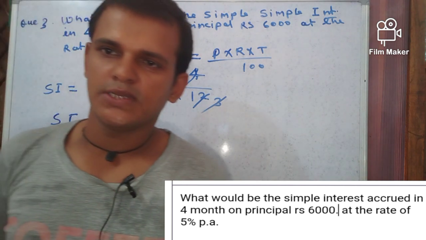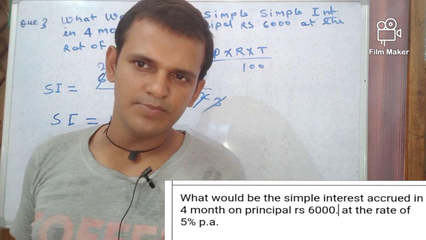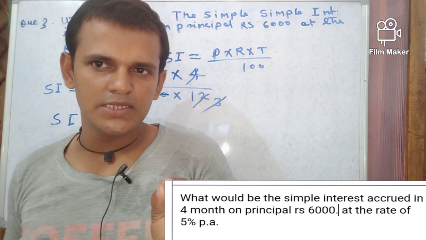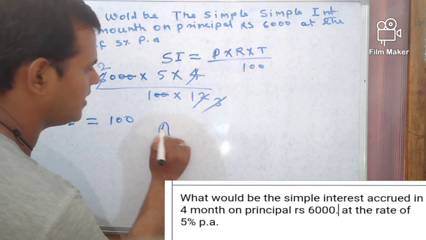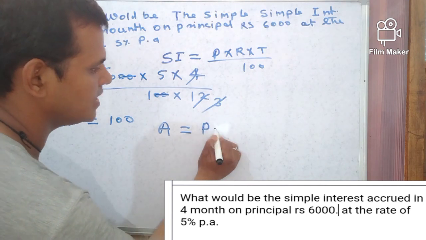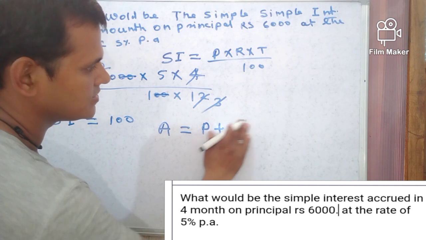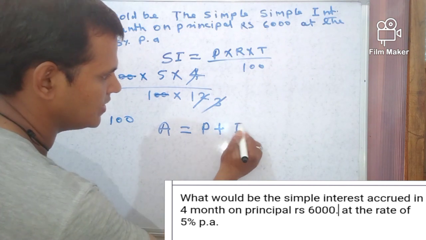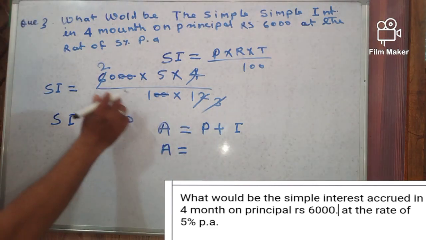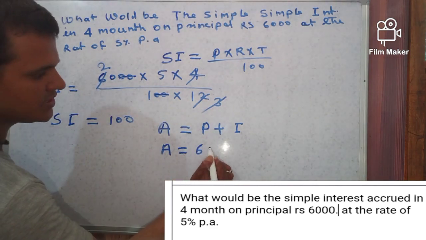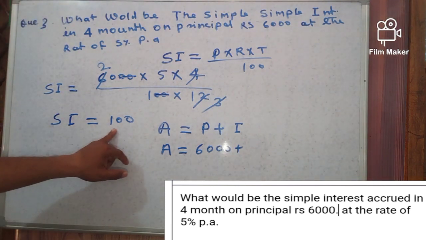If the question asks what the amount is, the amount is principal plus simple interest. So see here, amount is equal to principal plus SI. We can write only I. So amount will be, principal is 6,000, substitute here, and interest we found is 100.